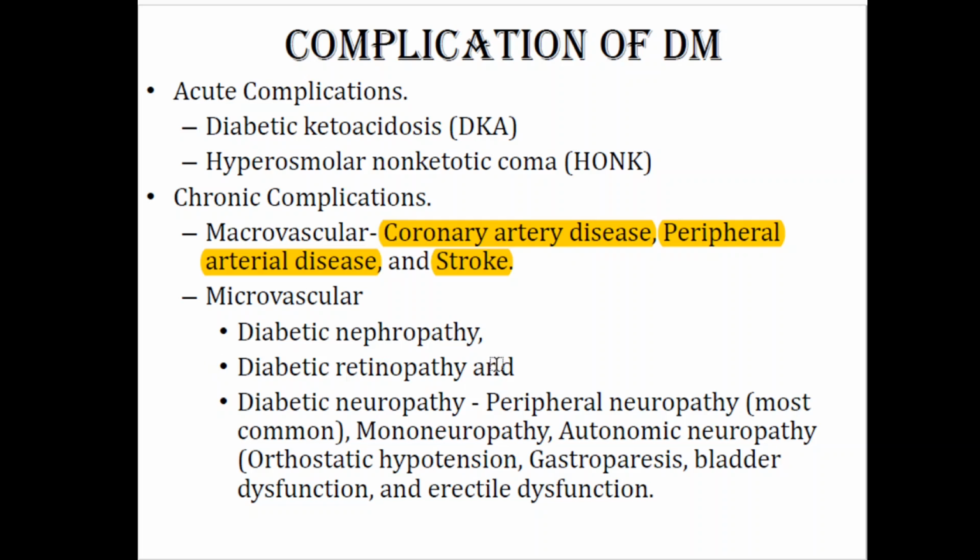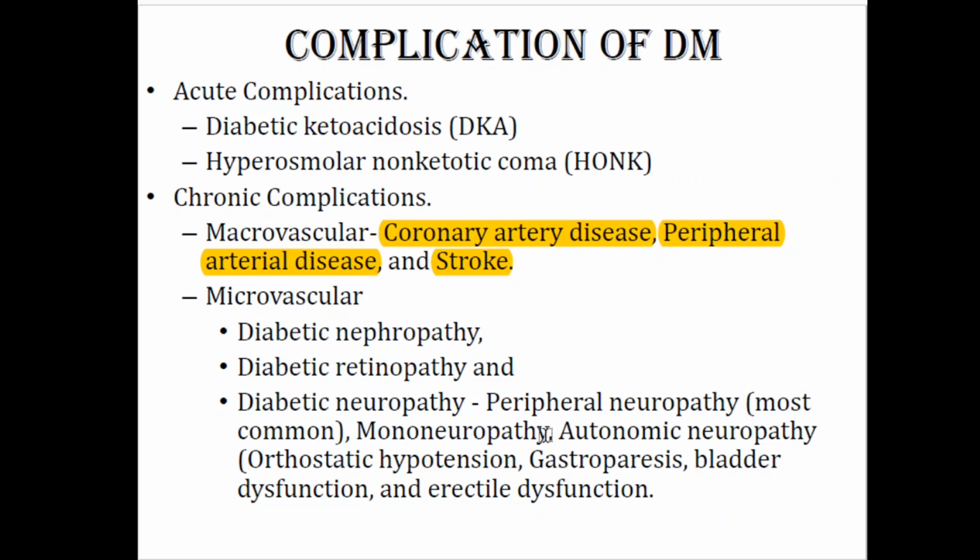Diabetic nephropathy is also known as Kimmelstiel-Wilson disease. And we have diabetic retinopathy, and diabetic neuropathy, which is of two types. One is peripheral neuropathy, which is most common. It will present as paresthesias and numbness. Then you have mononeuropathy, also known as mononeuritis multiplex, and this will produce what? Radial nerve palsy.